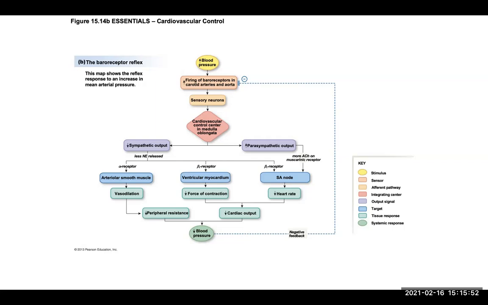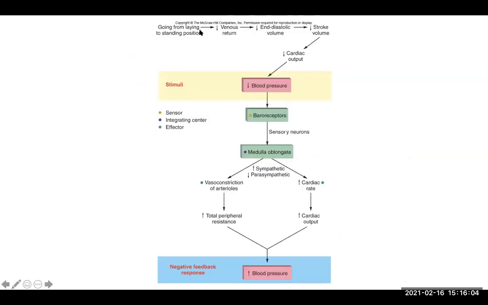That would cause a decrease in venous return and lead to a decreased EDV, or end diastolic volume, a lower SV, and a lower CO, cardiac output. So going from lying down to standing up, venous return is low, EDV is low, stroke volume is low, CO is low, blood pressure then is low.